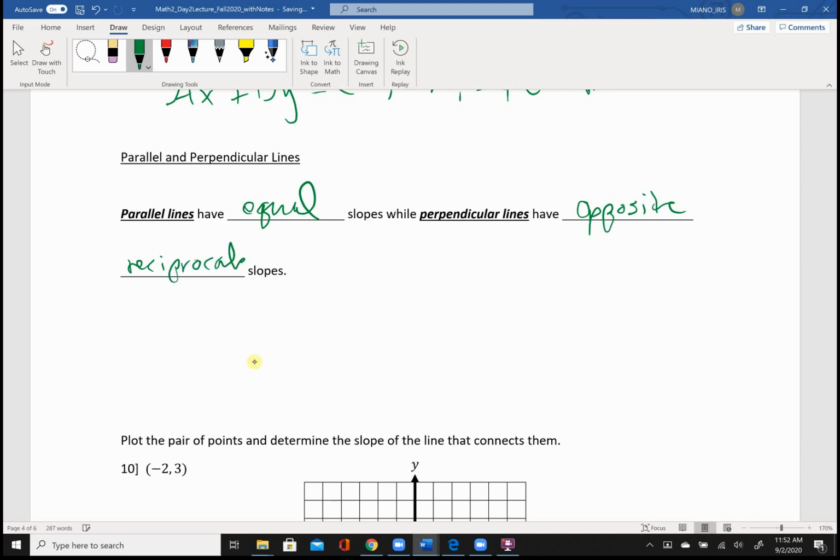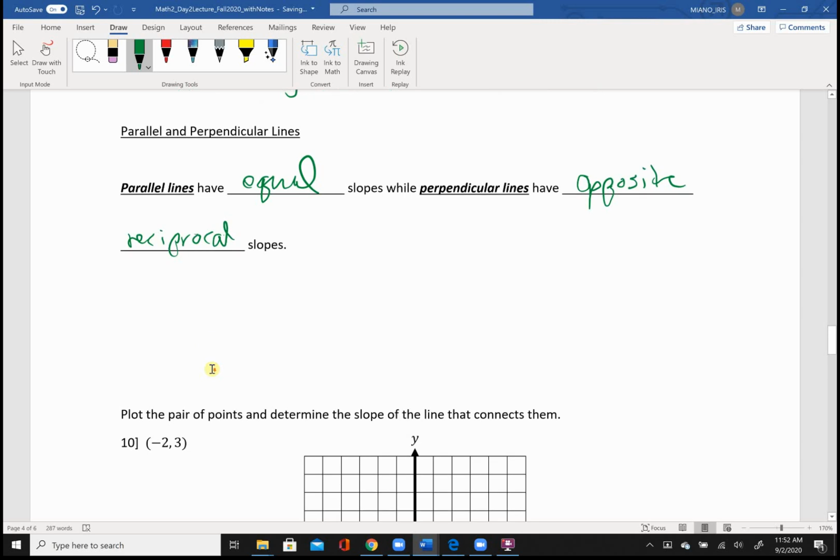Opposite reciprocal, I don't mean to pluralize that. Let me erase that. So yes, you have to have both of those things in order to be perpendicular line slopes. You have to be opposite one another and the flip, which is the reciprocal. We'll talk about that again in a little bit.